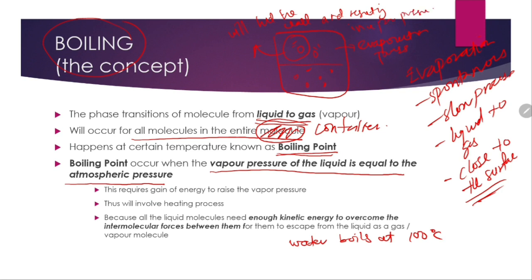So if it's a volatile liquid, easy to evaporate, so high vapor pressure. If it's a non-volatile liquid, hard to evaporate, so low vapor pressure.